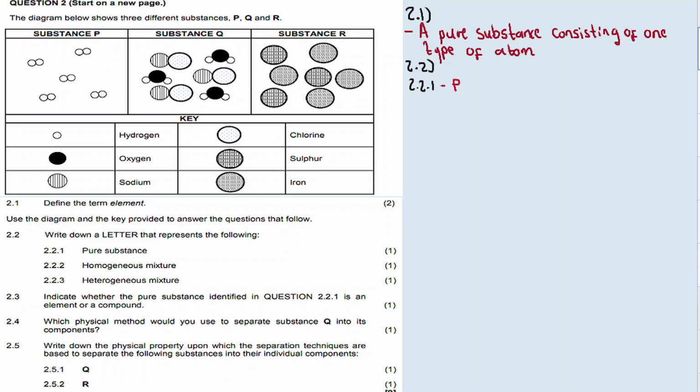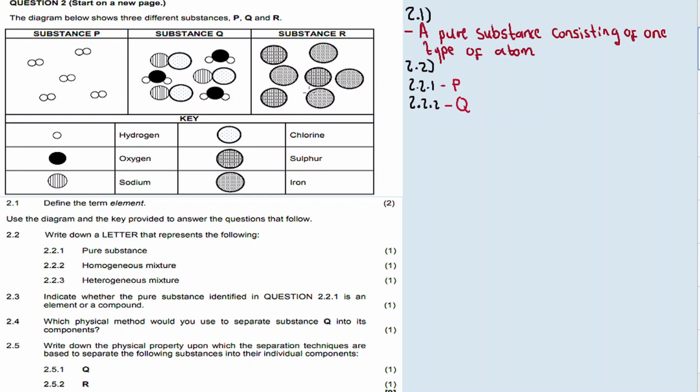So 2.2.2, a homogeneous mixture, it's definitely substance Q. A solution always forms a homogeneous mixture, right?